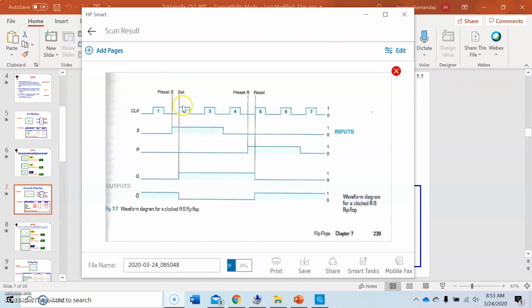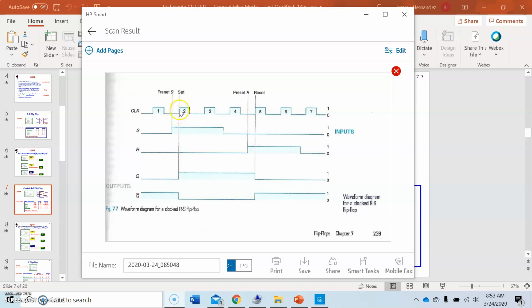What this is showing us is the difference between the time it takes for the change in state of the set input. The set input changes first, but the state at Q doesn't change until the rising edge, that's what this edge here is called, of the clock signal.